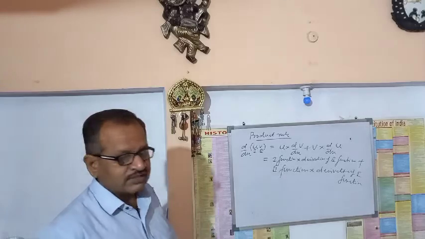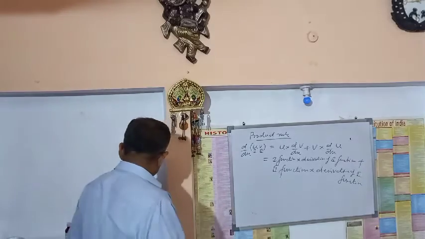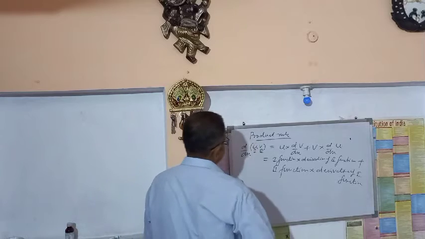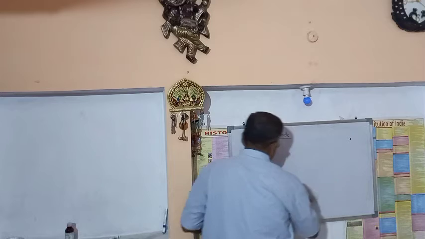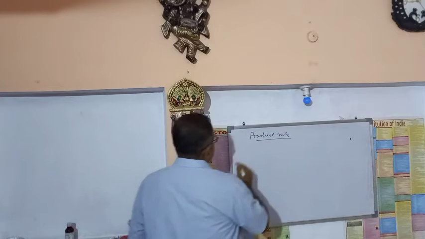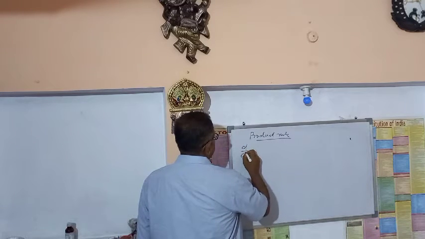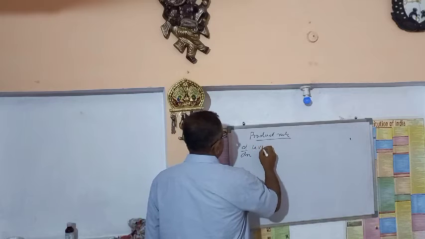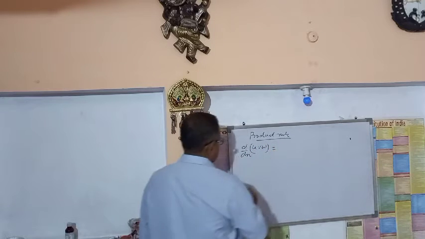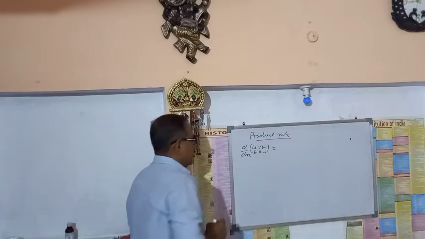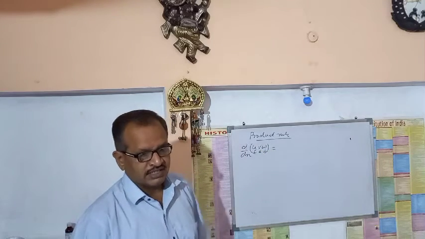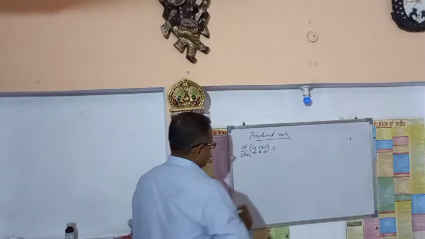If there are three functions, product of three functions, d by dx of u v w, first function, second function, third function. How can we differentiate?